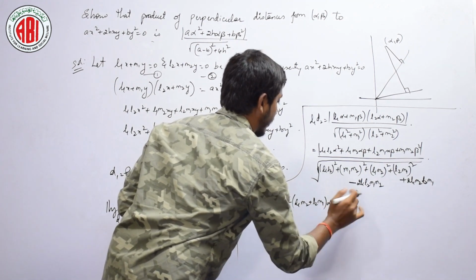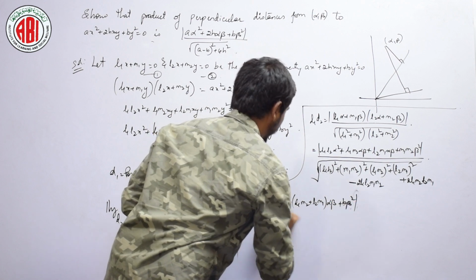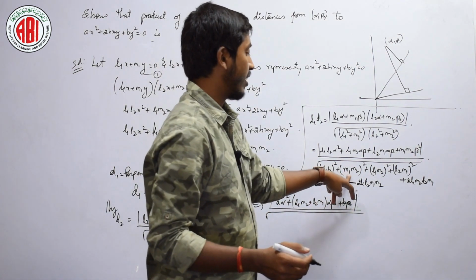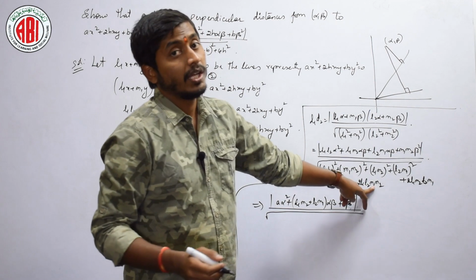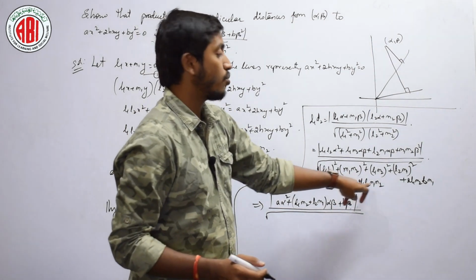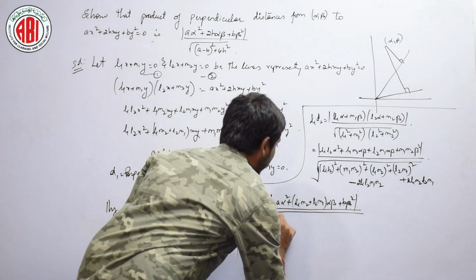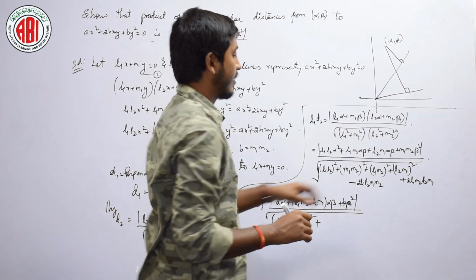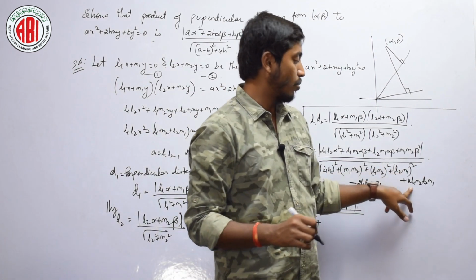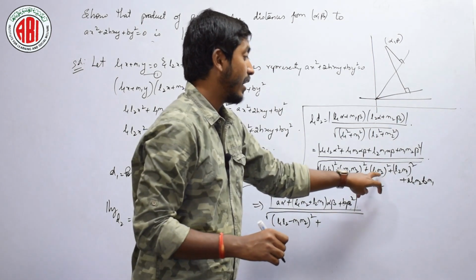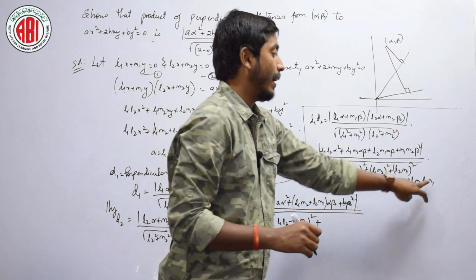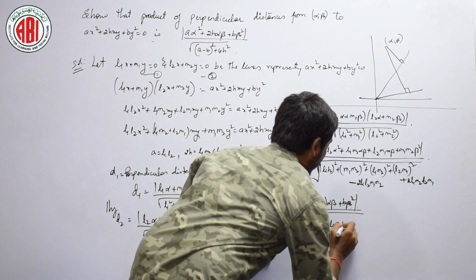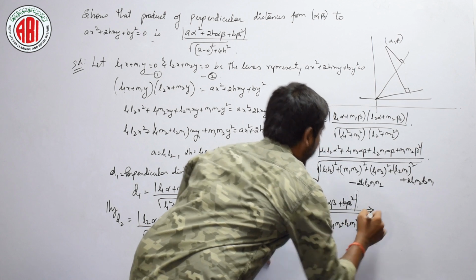There is no bracket here, divided by under root of (L1 L2 minus M1 M2) whole square plus (L1 M2) square plus (L2 M1) square plus 2 L1 M2 L2 M1, that is nothing but A square plus B square plus 2AB, that is A plus B whole square, that is (L1 M2 plus L2 M1) whole square.